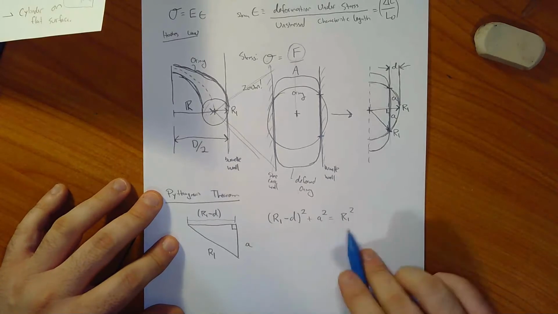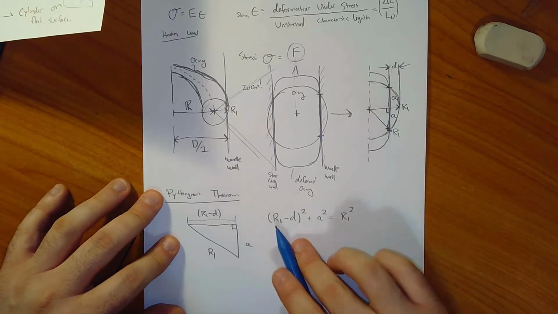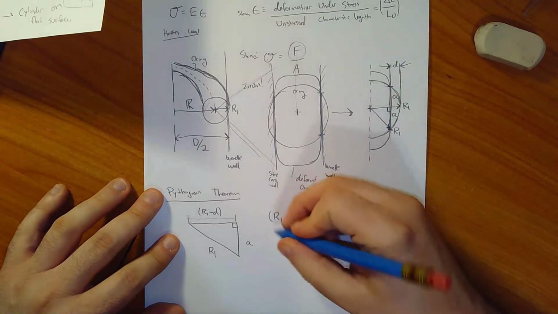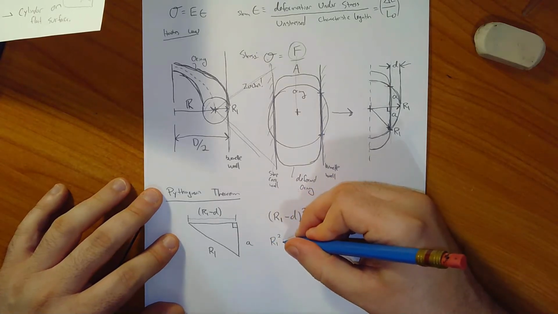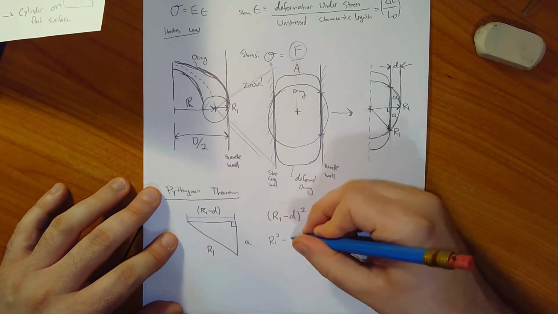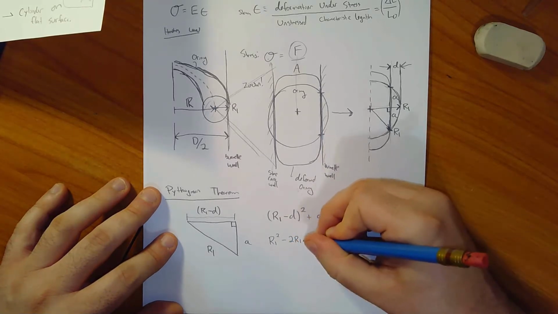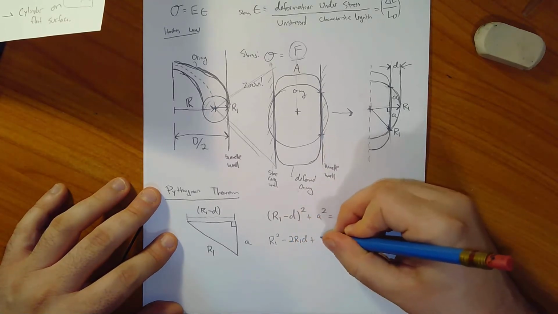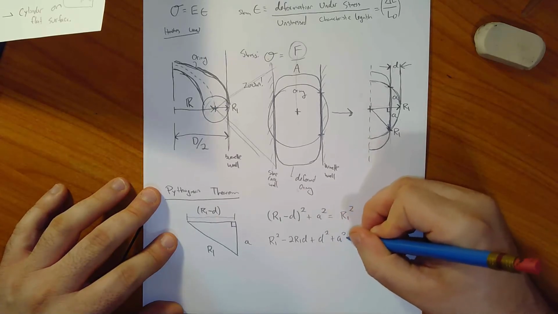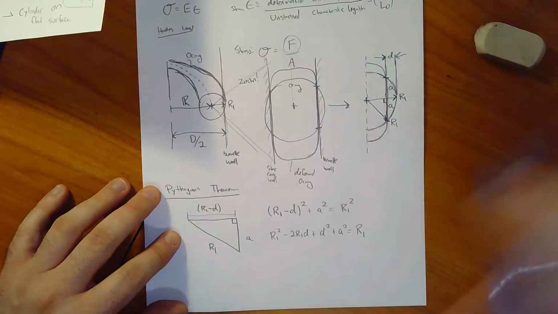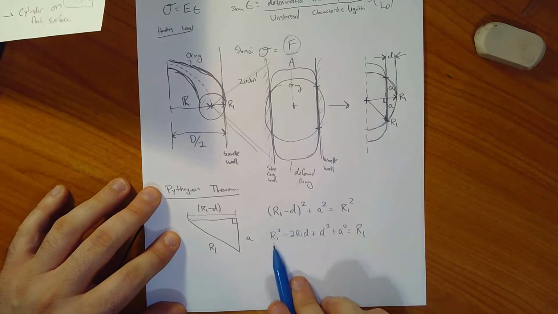I'm now going to carry through with this square symbol here. So this is going to be R1 squared minus 2R1d, plus d squared, plus A squared equals R1 squared. That's just me carrying out that square symbol.